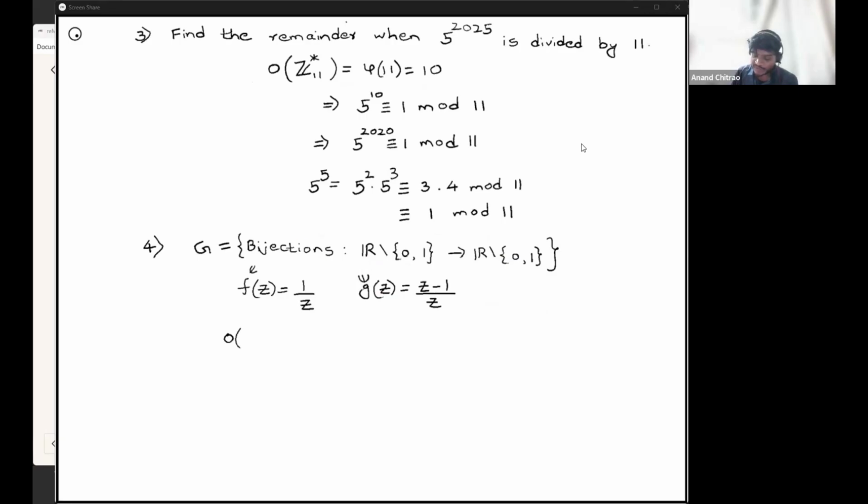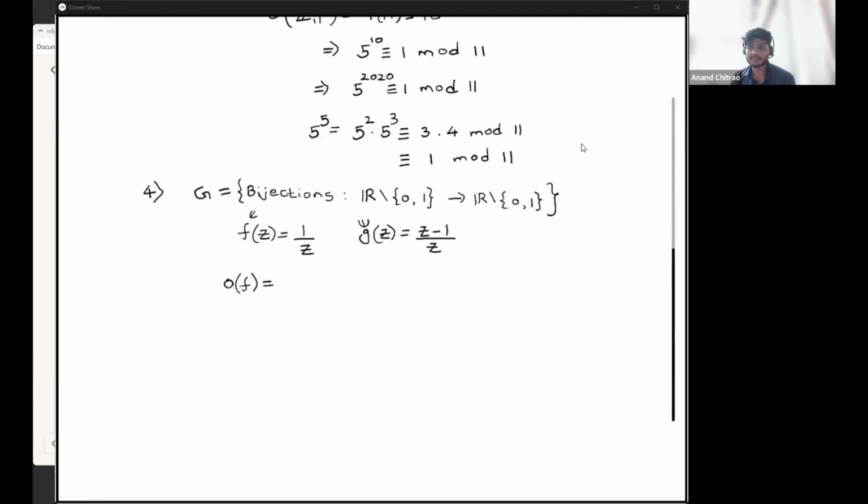So what's the order of F? Quickly do this computation and tell me. Is F the identity map? No. So the order cannot be 1. What is F square?